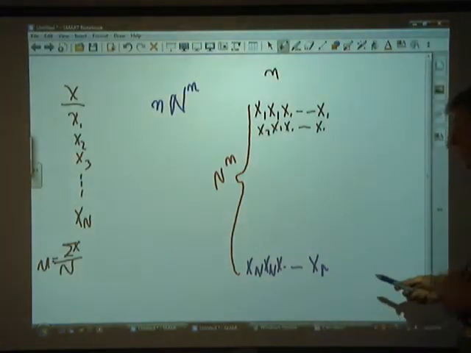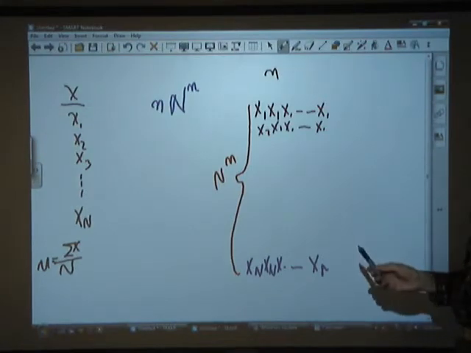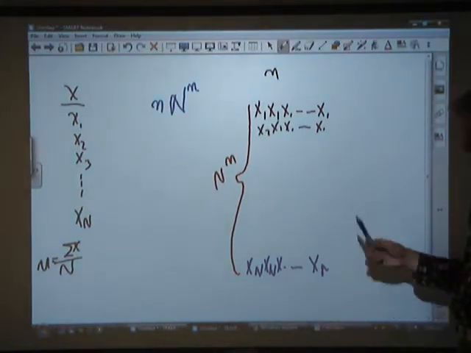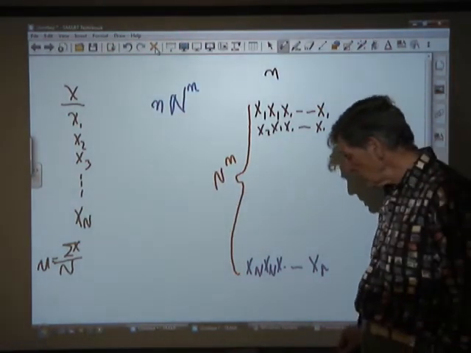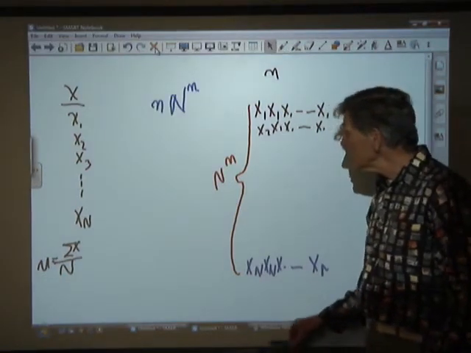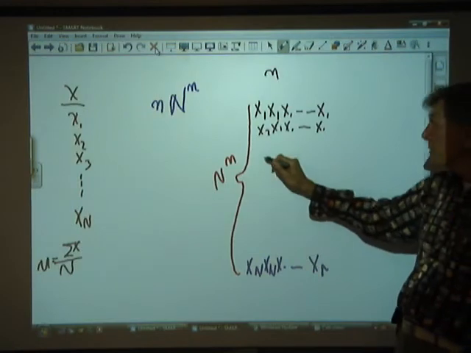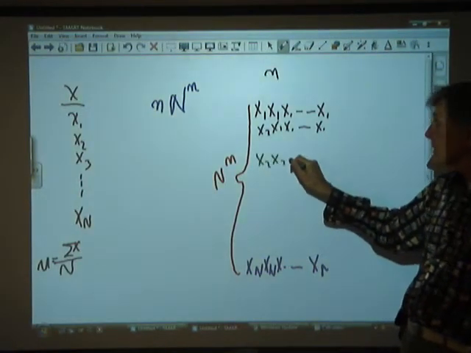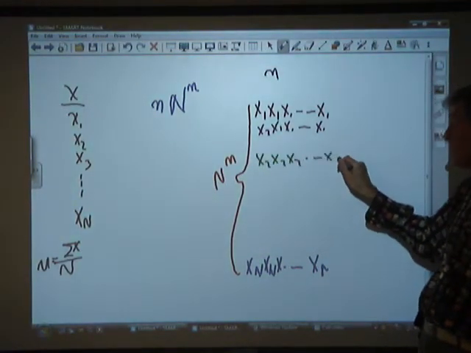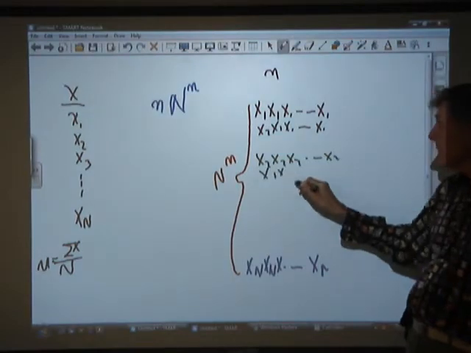Now I want to know how many of those entries are going to contain an x1, and how many are going to contain an x2, and similarly, how many an x3, and all the way up. Let's examine the role of x2. When we start to put x2 in the table, first there will be a complete row of x2s. Then the first column will be replaced.